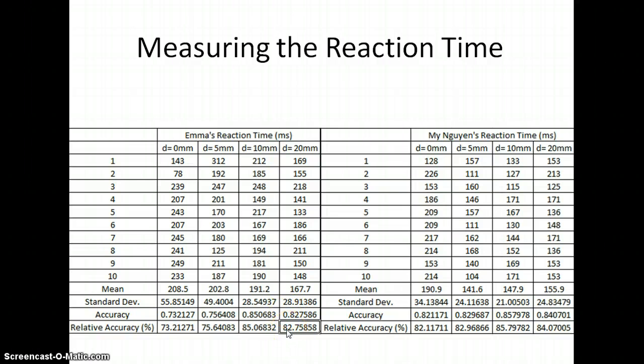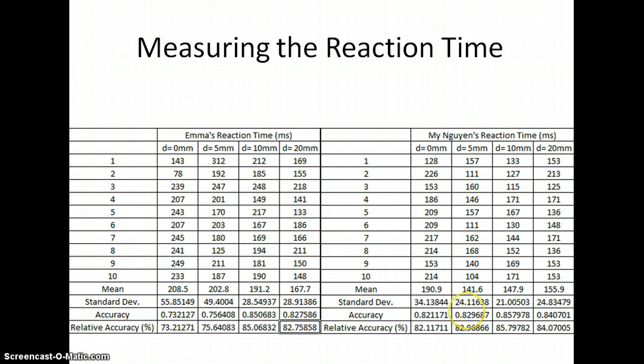So with this reaction time, she's not exactly fast compared to the next subject, which is this girl. Her first column is gotten by using the D equals 0 millimeter reaction strip, and her average reaction time for the first column is 190.9 milliseconds.